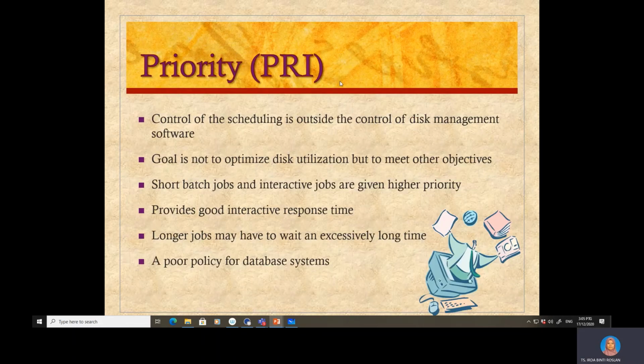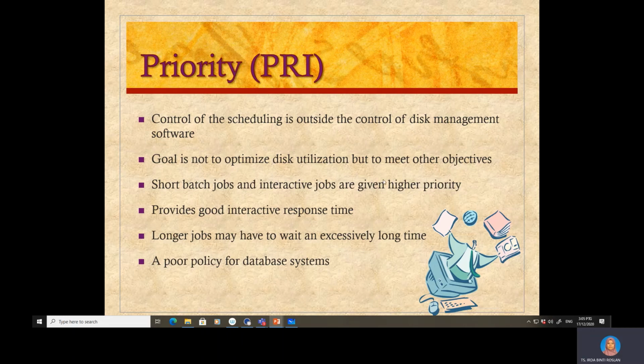Just a brief briefing on priority scheduling. Control of the scheduling is outside the control of the queue management software, where the goal is not to optimize utilization but to meet other objectives, meaning to meet which job has more priority. Short batch jobs and interactive jobs are given higher priority.